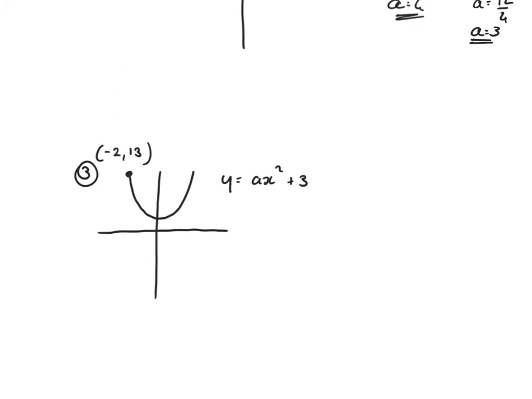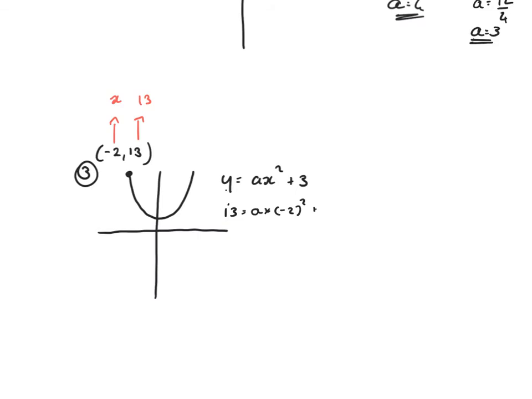Okay, so when the x coordinate is -2, the y coordinate is 13. Let's sub that in.